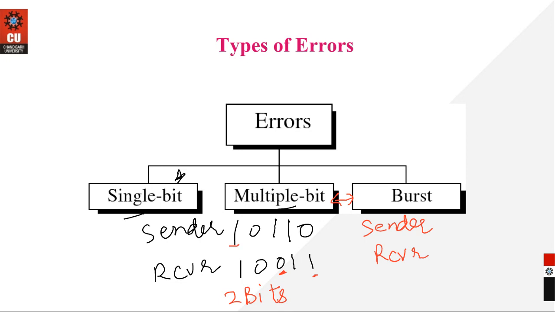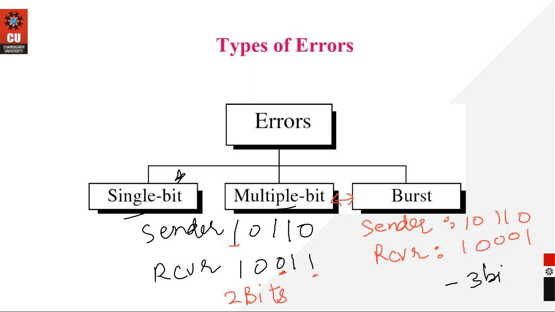I'll take the same example. On the sender side, the data that you have got is again 10110. On the receiver side, the data received is 10001. Now tell me, in this type of error, how many bits of data are impacted here? In this case, 3 bits are impacted.